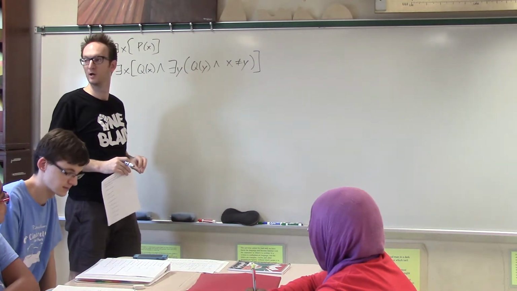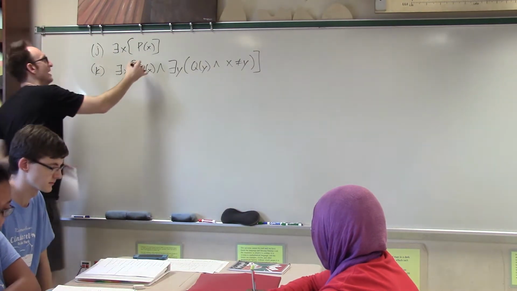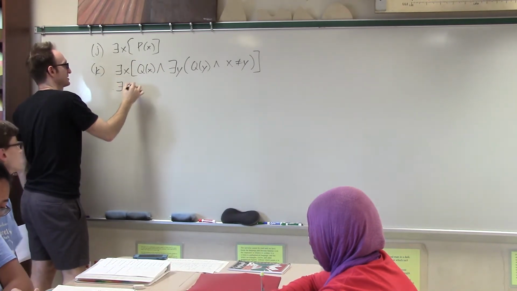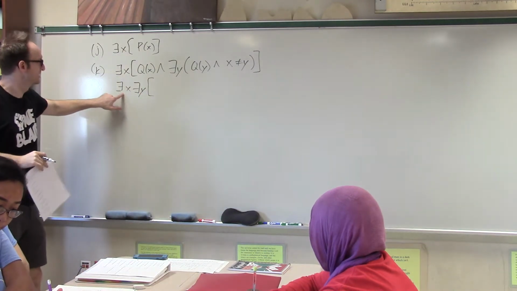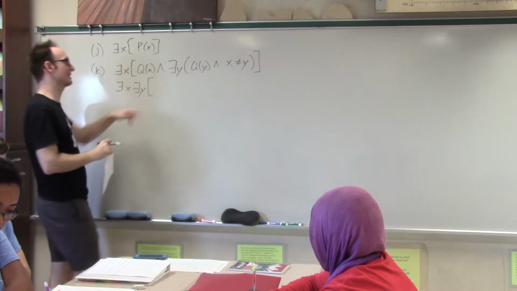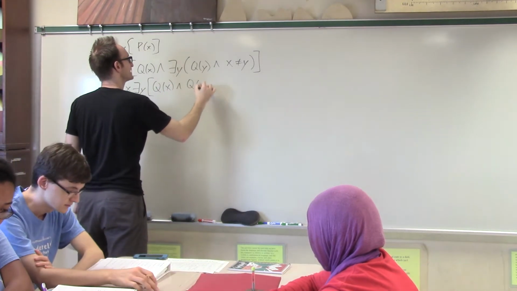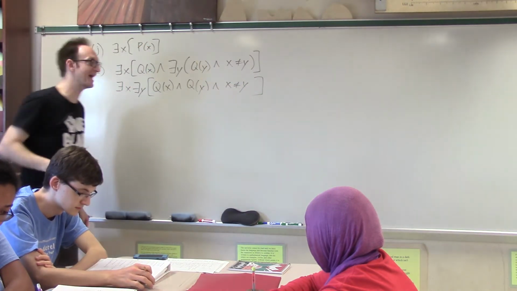Does it matter where you place your quantifiers? It kind of doesn't in this case, and it is more standard, just because it's prettier, to put them on the outside: there exists an x such that there exists a y such that x is quiet and y is quiet, and those variables point to different elements in the domain.